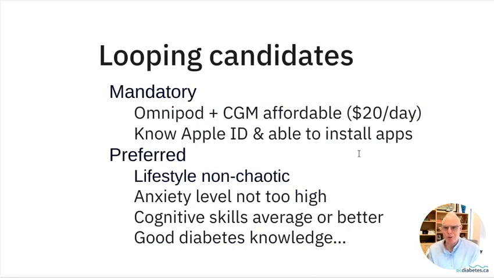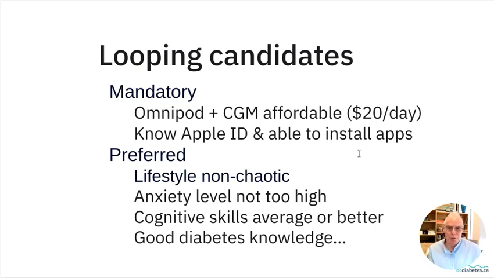Well, what constitutes a looping candidate? The bottom line is, if they can afford the hardware, if they've got the hardware, and if they know their Apple ID and they're able to install and uninstall apps, they're a loop client, and we will offer them loop.